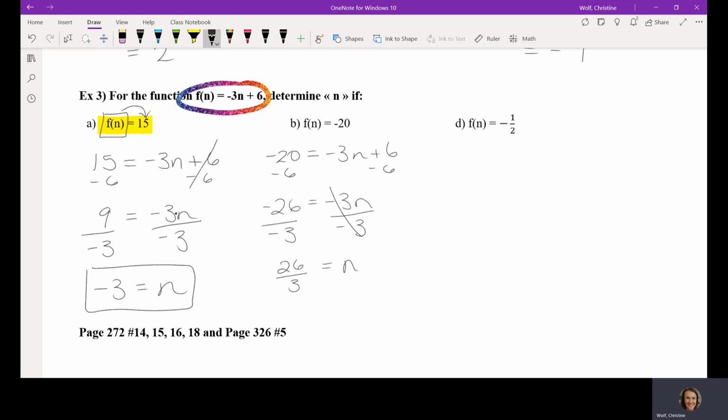And last one, I want to throw a fraction at you again. So that entire left-hand side, f of n, is going to be replaced with -1/2, and I recopy the rest of the equation, and now I solve for n. Now, if you listened to lesson 1, which I hope you did, whenever we encountered a problem with a fraction in it, I told you to multiply every term by the common denominator.